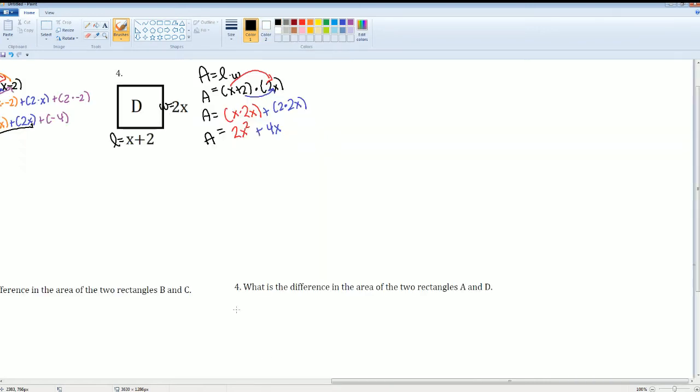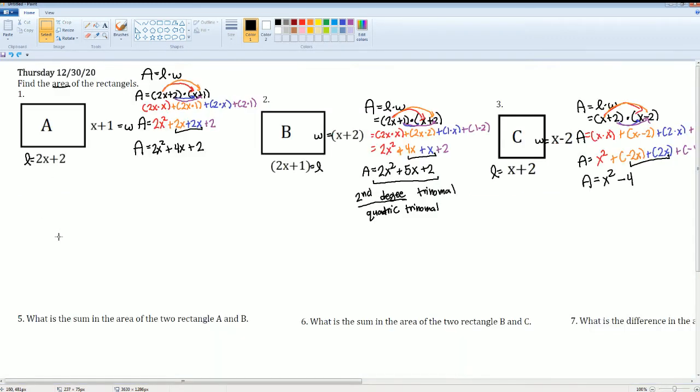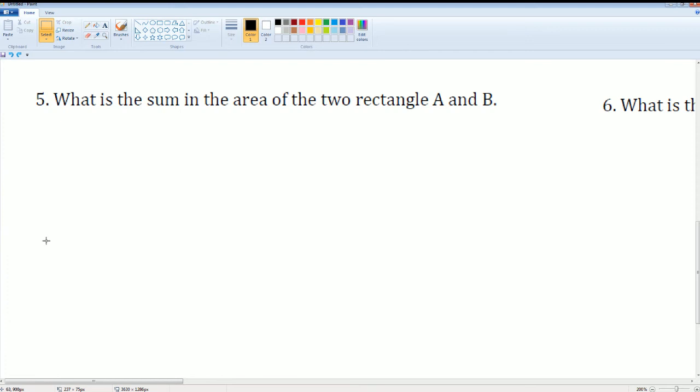Alright, so here we have the areas for all of them. Alright, so we need rectangle A. This is rectangle A's area. So let's just write it here. Let me paint.